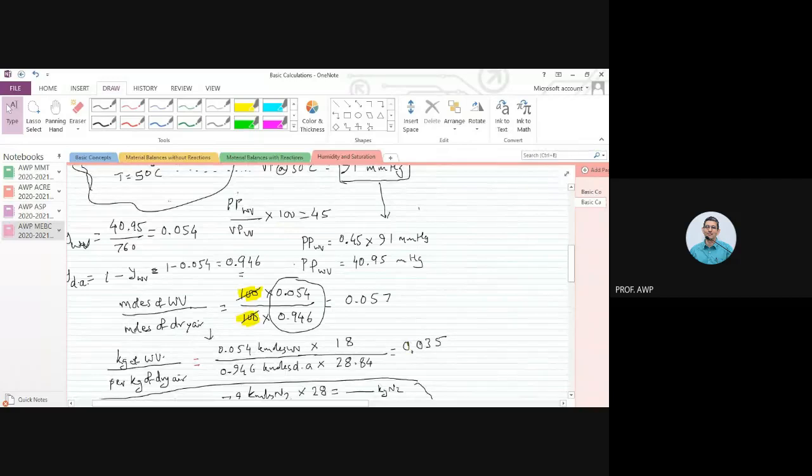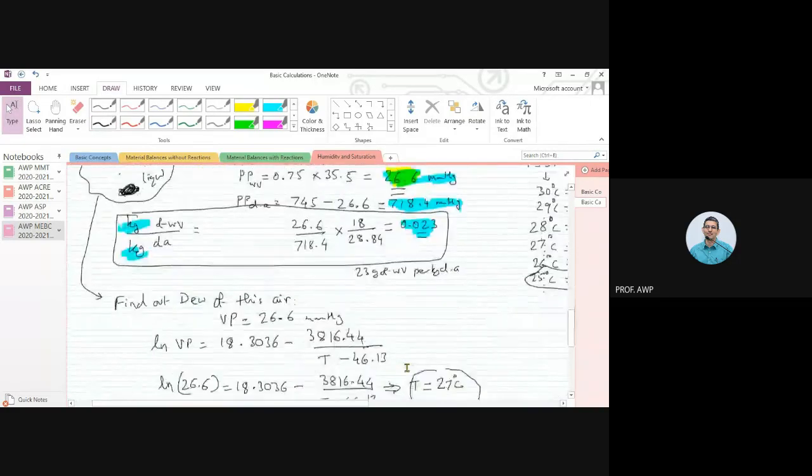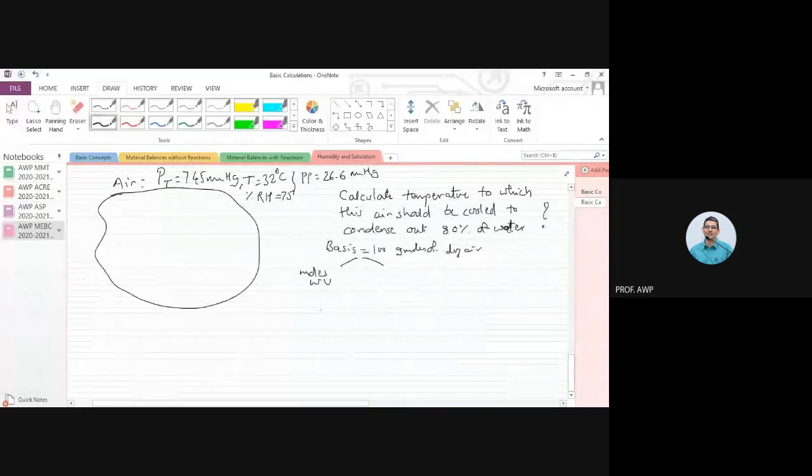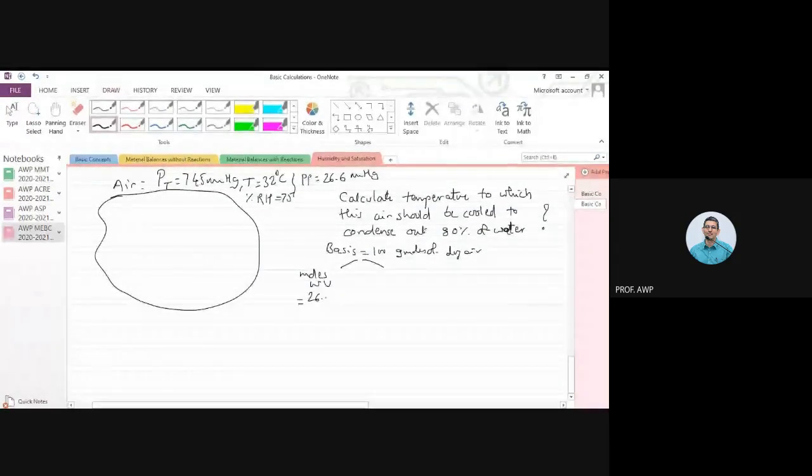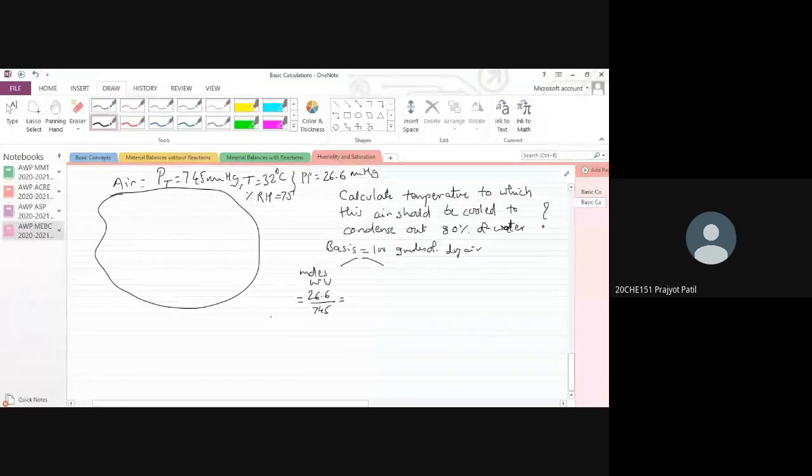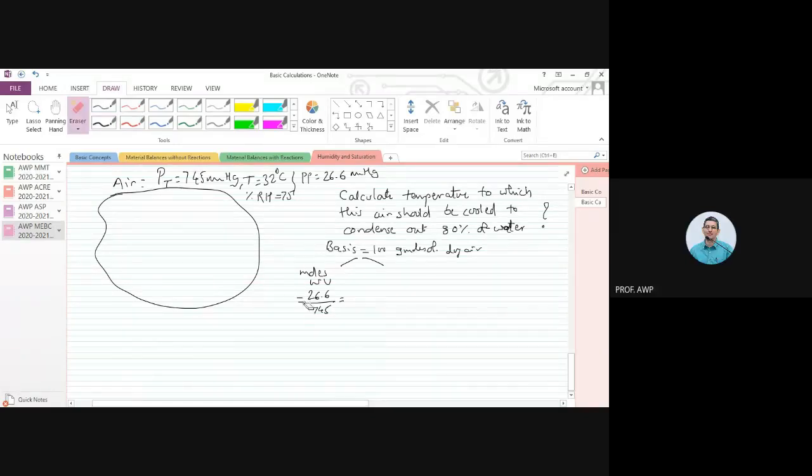It was 0.054, right? Oh, so that was a different question. So how did you calculate this? This must be 26.6 divided by 745, isn't it? Yes. So 26.6 divided by 745. This would be 0.035 into 100.